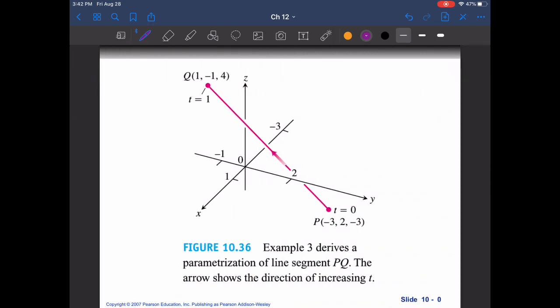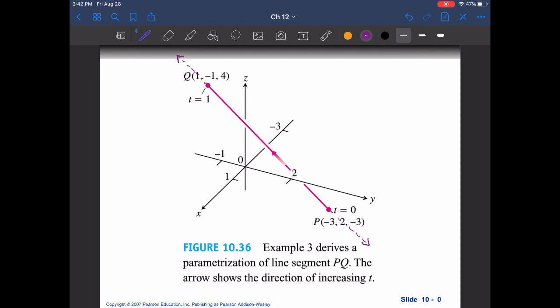All right. Example 3: derive a parameterization of a line segment PQ. The only thing that's going to be different here from the previous example is that in the previous example, the line kept going forever in both directions, so we could use all values of t.